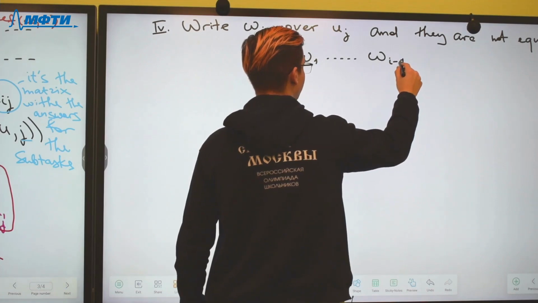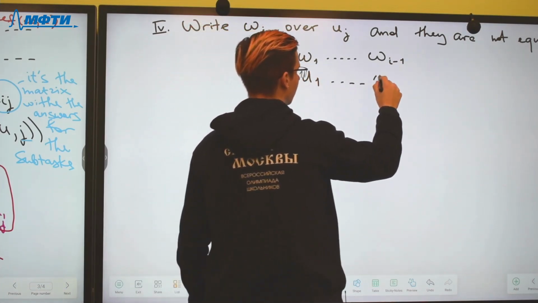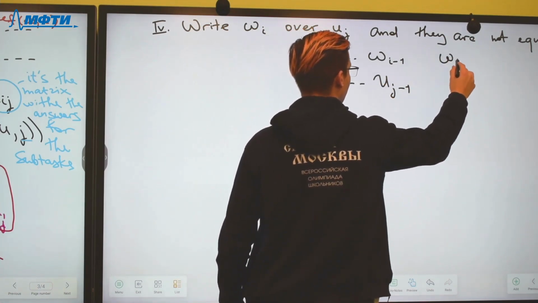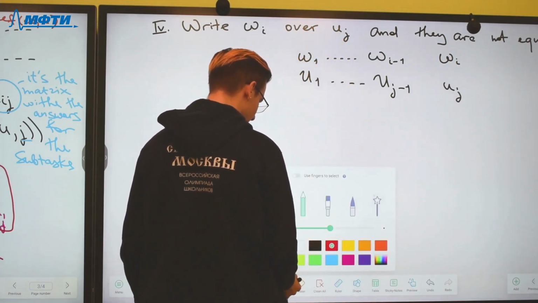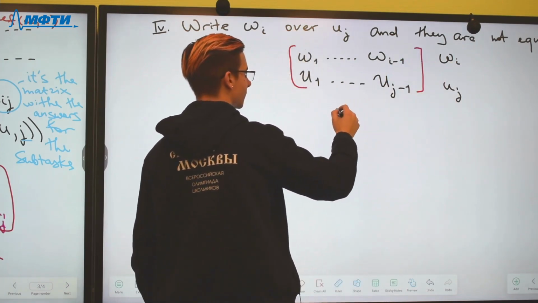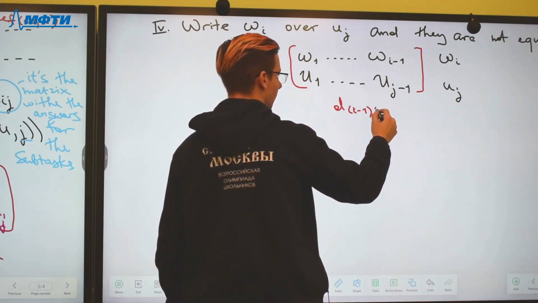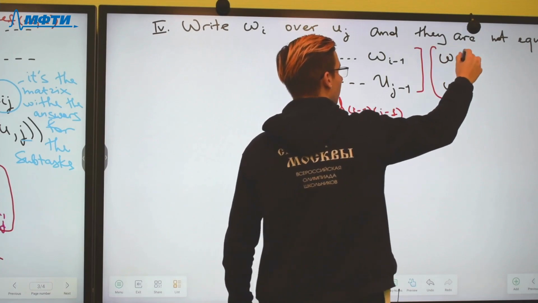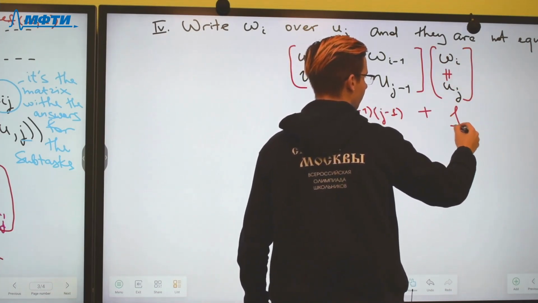Here they are not equal. e minus 1, minus 1, and then we compare these prefixes and find minus 1, g minus 1, and because they are not equal, we add plus 1.